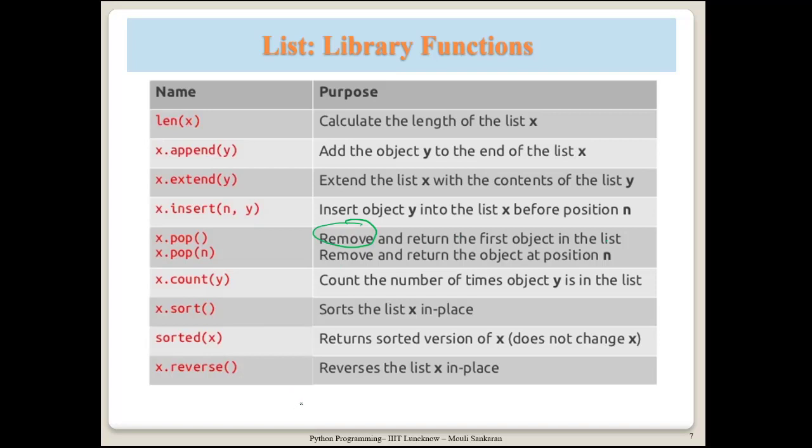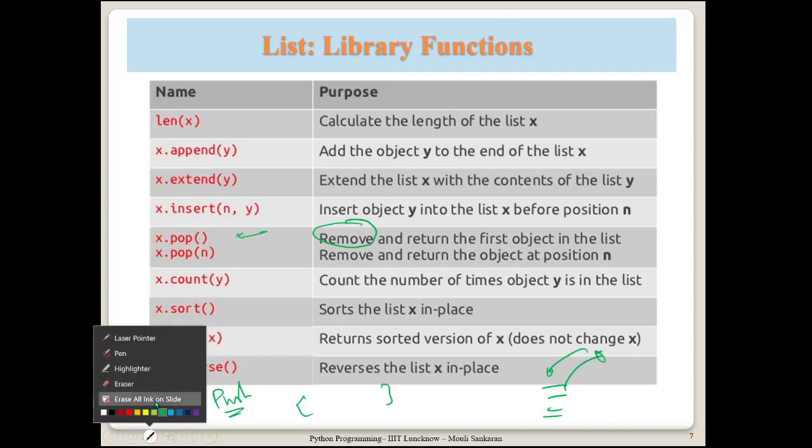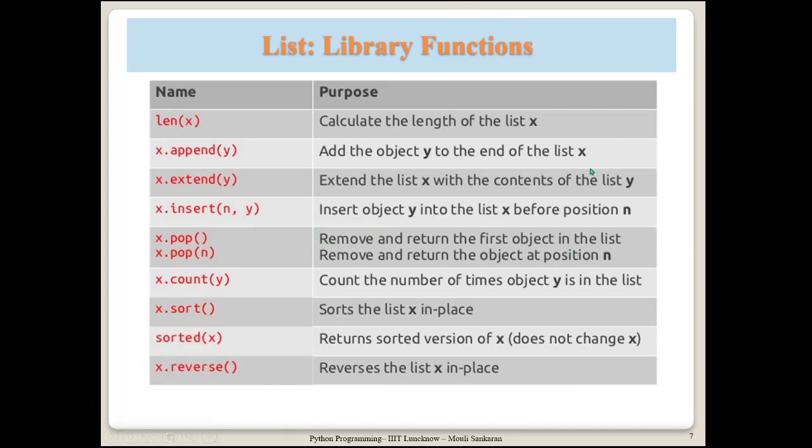If you see in the push and pop world, in a stack it is LIFO: we push like this, and pop will pop out whatever was the last value we entered. Here it says that it removes the first element from the list. It's not the same as what you see in a stack operation.